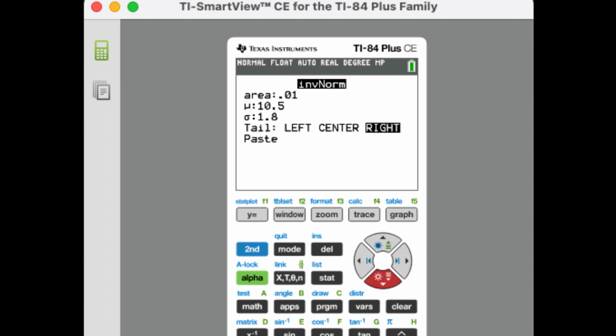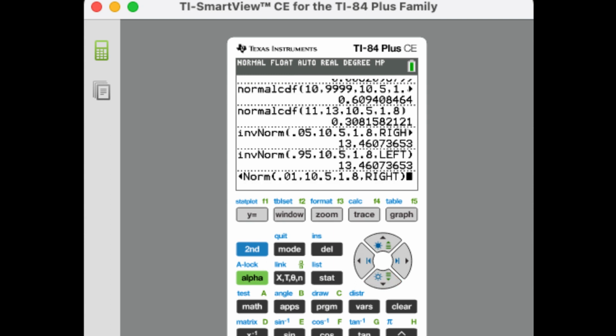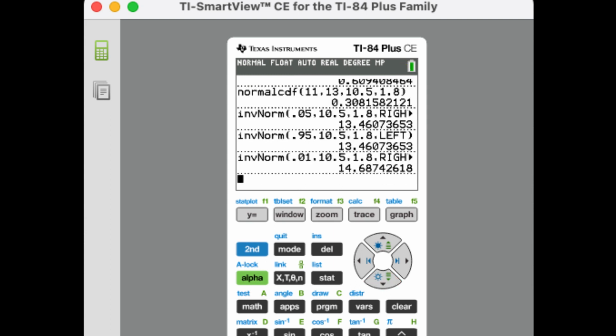So it's a right tail. And what do you get? If we go out to the tenths, 14.7 hours. Okay?